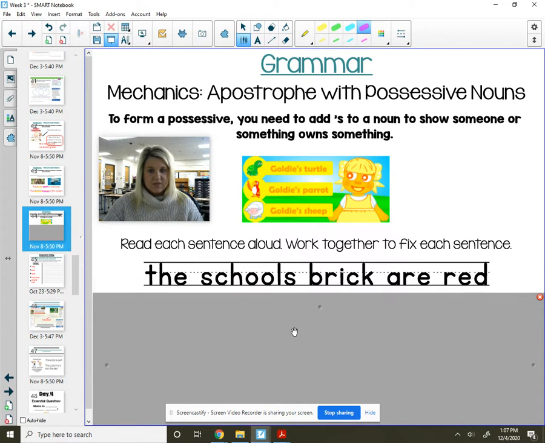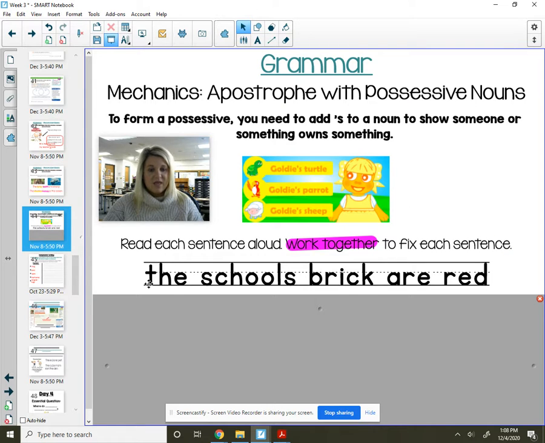So if I look here, it says read each sentence. We need to work together to fix each sentence. Read it with me. The school's brick are red. What do I need to do? The first thing that I need to fix is a capital letter at the beginning, because it is the beginning of a sentence.